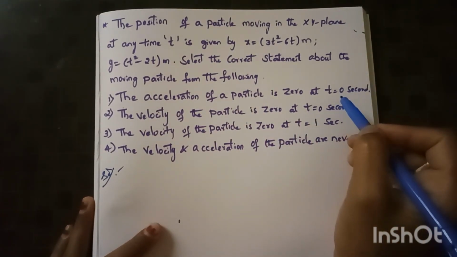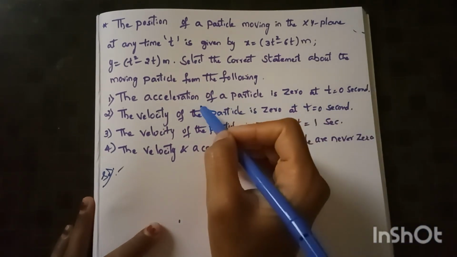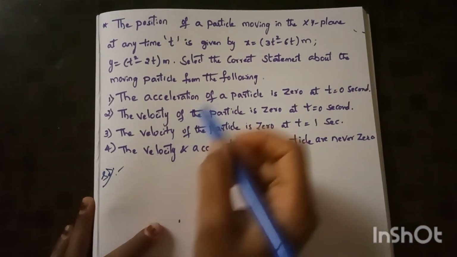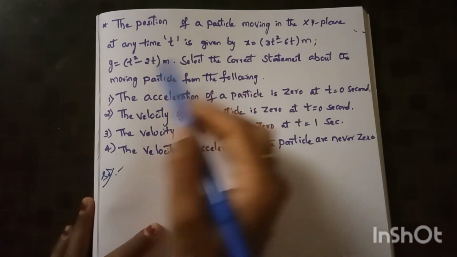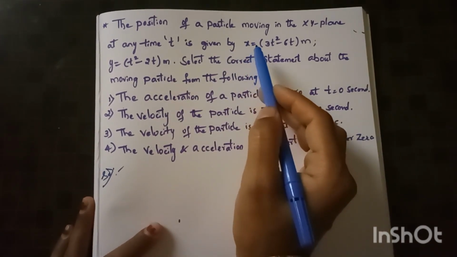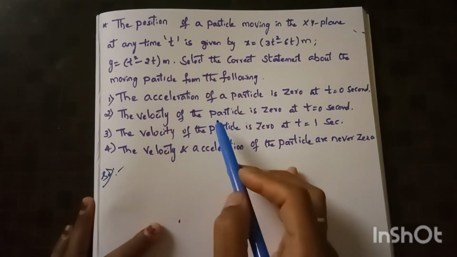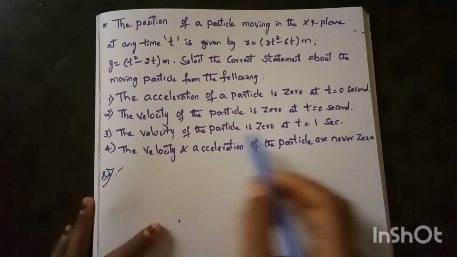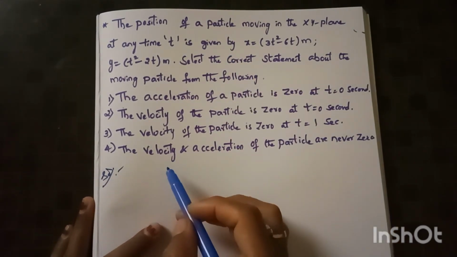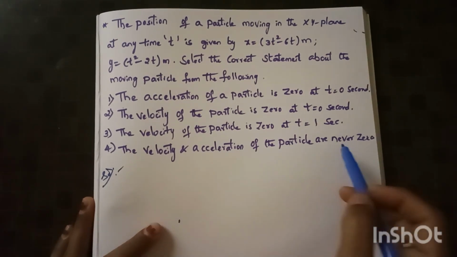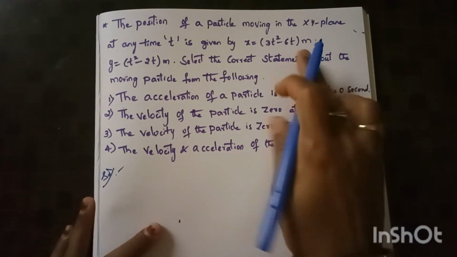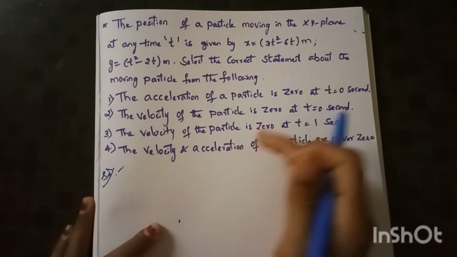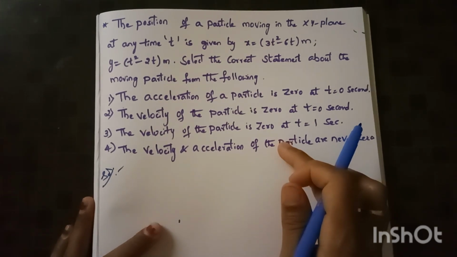The third option says at time t equals 1 second, the velocity will become 0. And the fourth option says the velocity and acceleration of the particle are never 0. So now, by using these x and y displacements, we are going to find which one of the options is correct from these four.